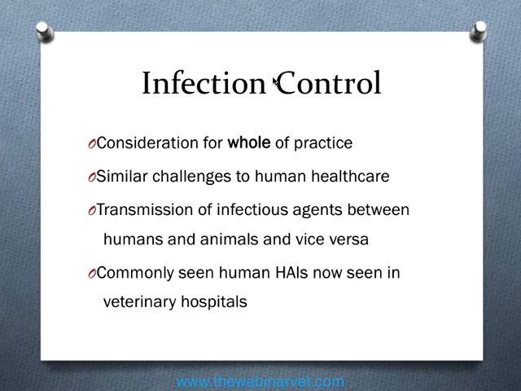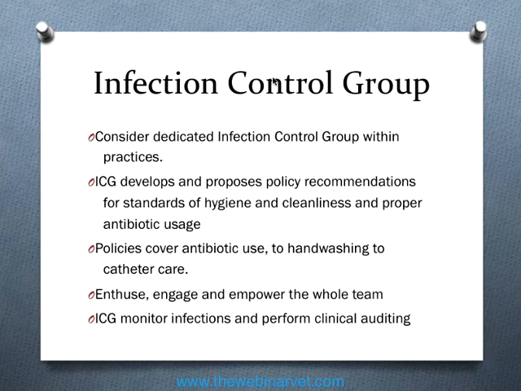So all this means that we can get transmission of infectious agents between us and animals in both directions. And what we're seeing is many of these human hospital-acquired infections we're now seeing in veterinary practice. So things like MRSA, things like MRSP are the things that they're facing a battle with in human hospitals, and we all know that's an issue.